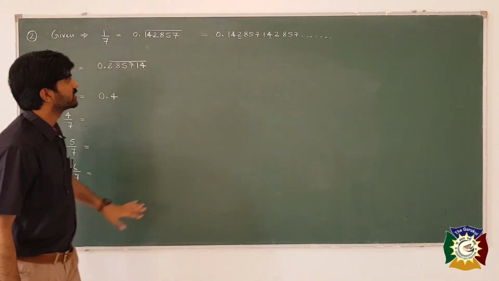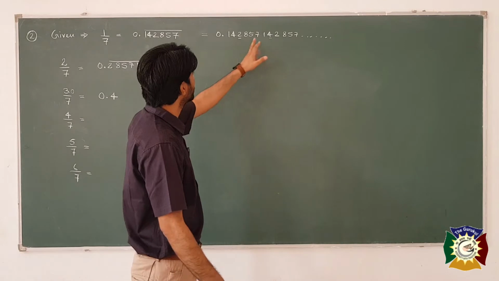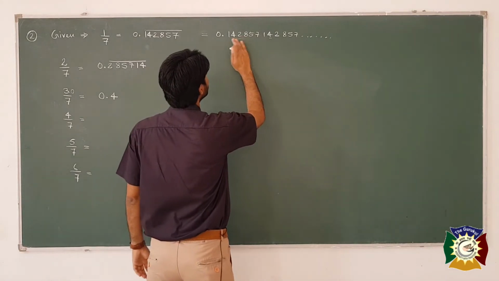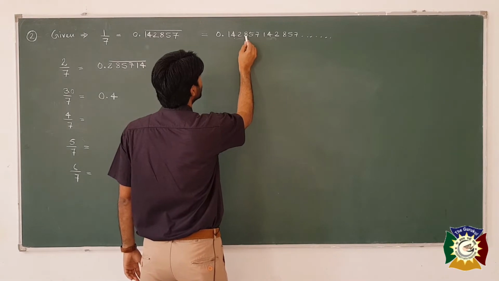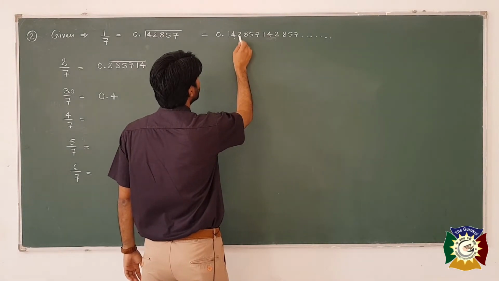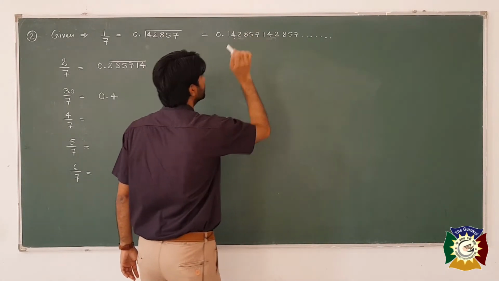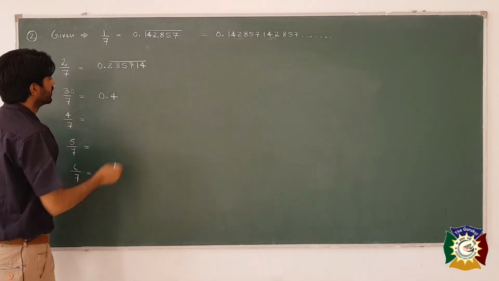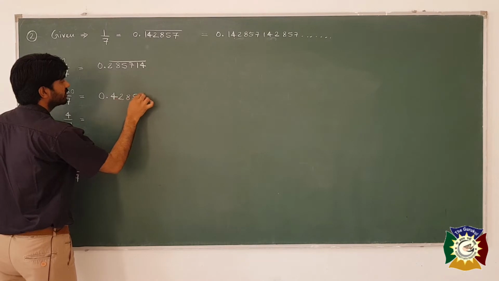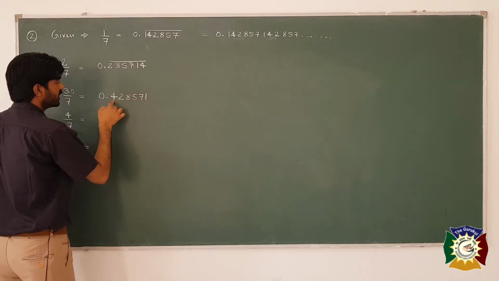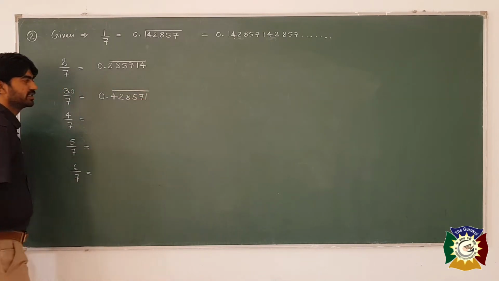Now forget it. We will not go with long division. Check 4. So we will start this series from 4. 6 digits we have to take. 4, 2, 8, 5, 7, 1. Again 4 will come. So it is being repeated.